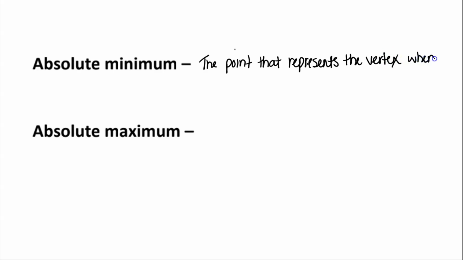So when we're talking about absolute minimum or just minimum in a parabola, it's the point that represents the vertex when the graph opens upward or concave up.